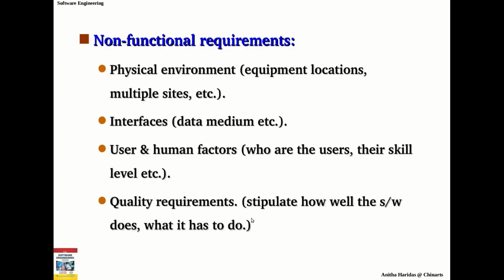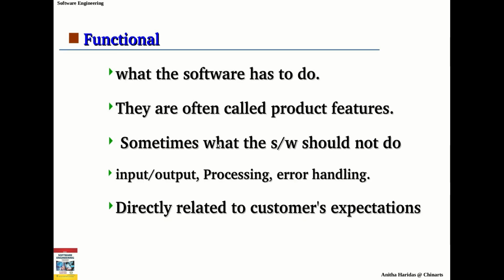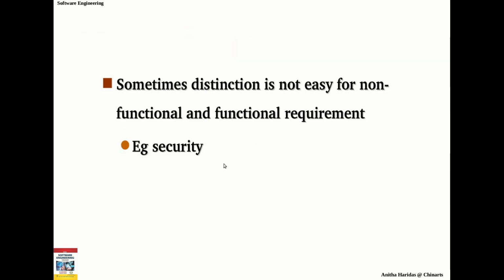Now, though you categorize these requirements as functional and non-functional, sometimes the distinction between them will be very difficult, because take an example of security. You can call it a functional requirement also, and a non-functional requirement also, because obviously whatever application you are going to develop, one of the features of the application must be security, right?